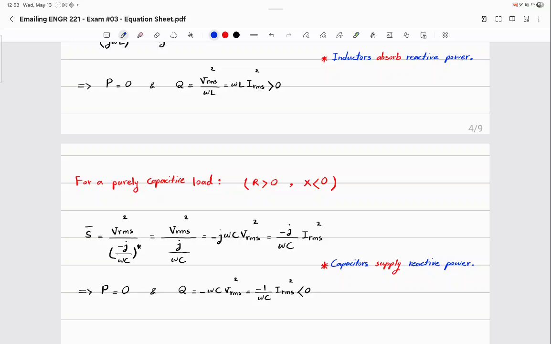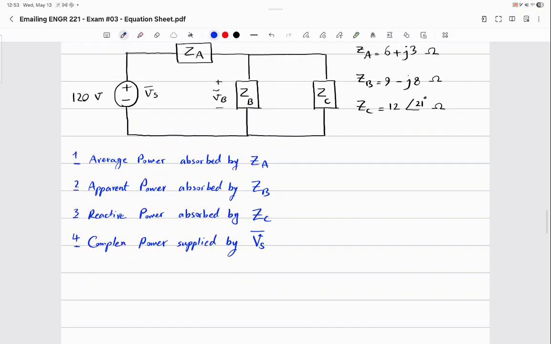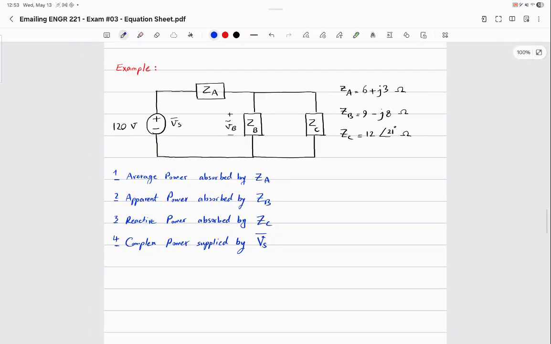Let's do an example. Okay, this is the circuit. First part is asking average power absorbed by ZA.